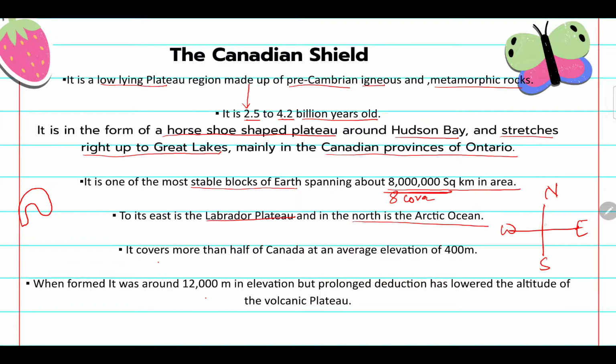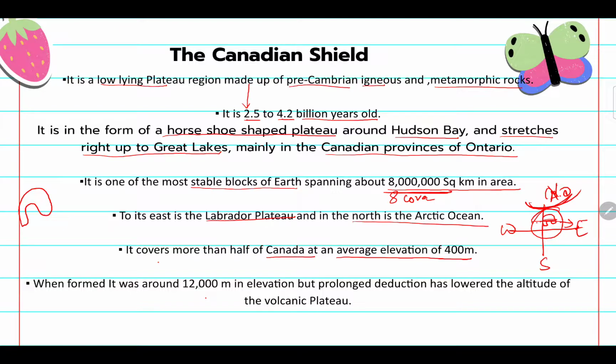To the east lies the Labrador plateau, and to the north the Arctic Ocean. It covers more than half of Canada at an average elevation of 400 meters. The main area is covered by Canada.